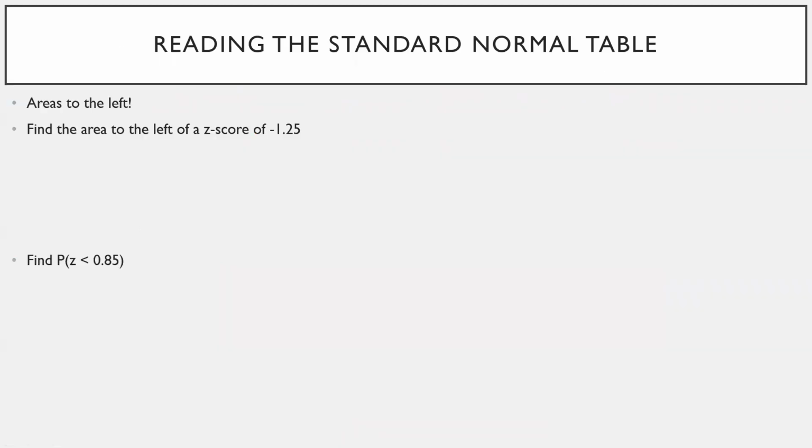All right, so the first one is the area to the left. The first thing I want to do is find the area to the left of a z-score of negative 1.25. I find that drawing the normal distribution helps in finding the area.